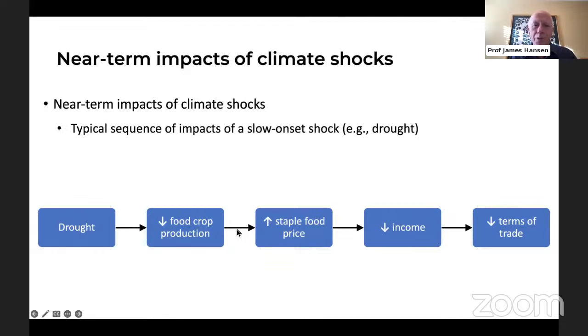I could have redrawn this with arrows going in 3 directions to staple food prices, income, and terms of trade. So failed harvest will affect all 3 of these. It's not necessarily that increased food prices lead to reduced income, which leads to reduced terms of trade. I took a simplification in drawing the diagram.